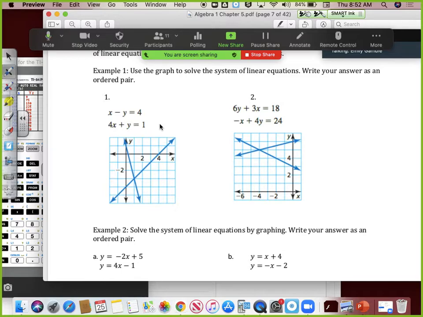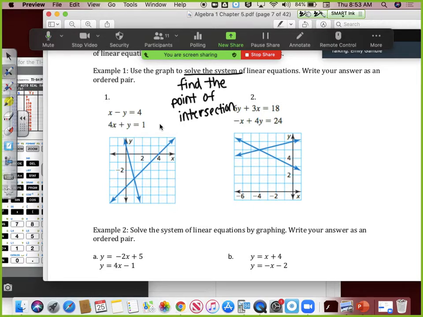But in example 1, they only want us to just solve the system. Solving the system means find the point of intersection. Okay, so we're only looking to solve the system and finding the point of intersection.